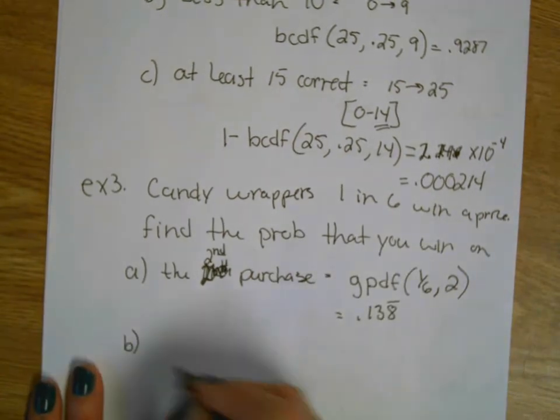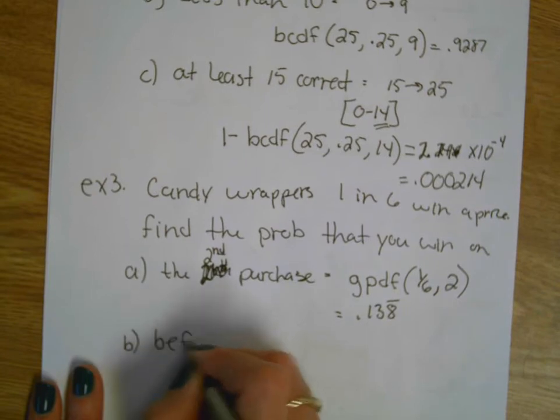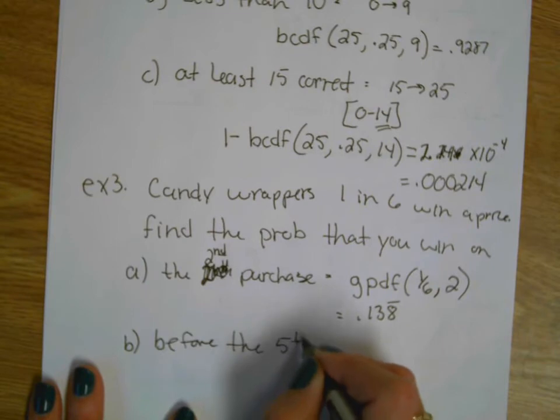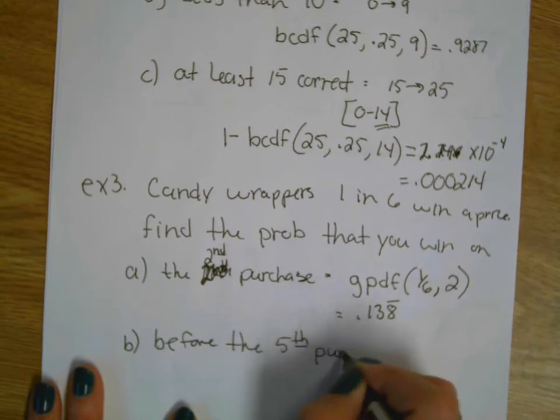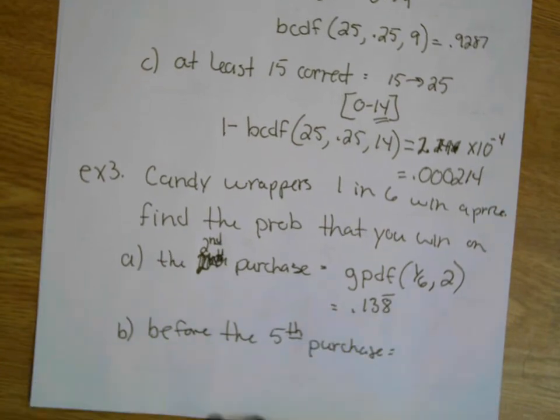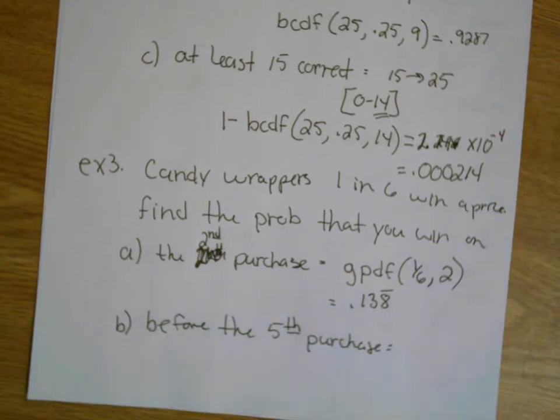All right. What about before the 5th purchase? Before the 5th purchase means which purchases are we looking at? 1 through 4.